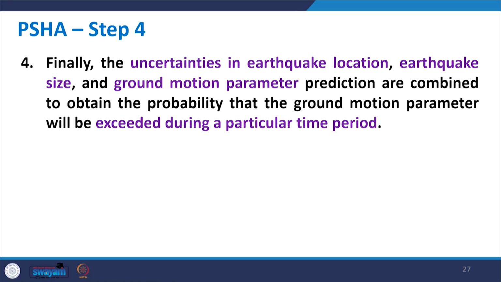So, here you combine all the uncertainty related to location, size and ground motion parameters, and after combining, you want to find the probability that the ground motion parameter, which could be your PGA, will be exceeded during a particular time period. So, we determine how many times it is exceeded, and we will discuss this with one of the examples in the next lecture.